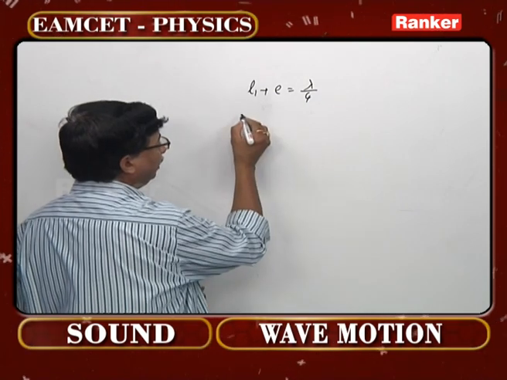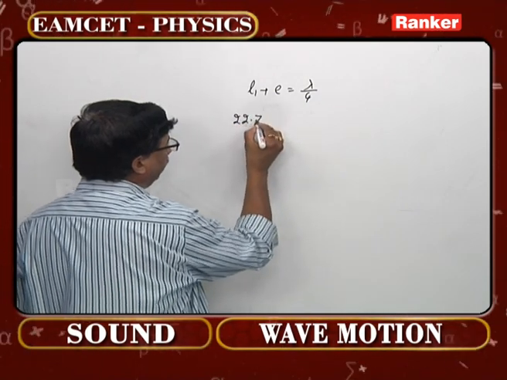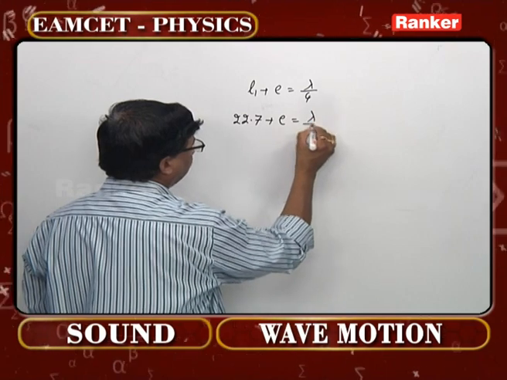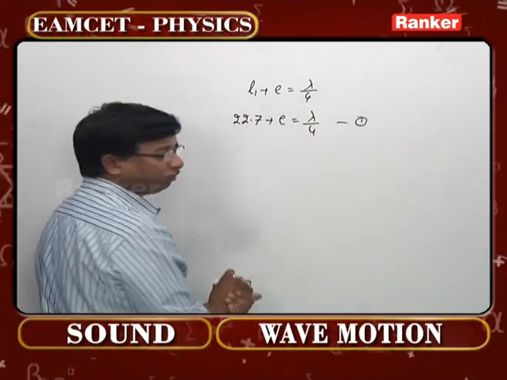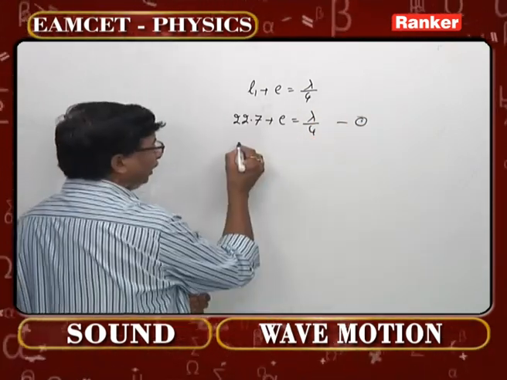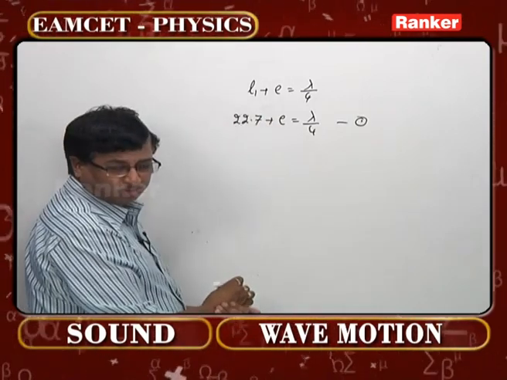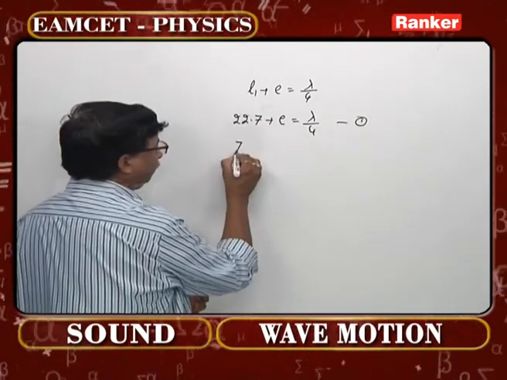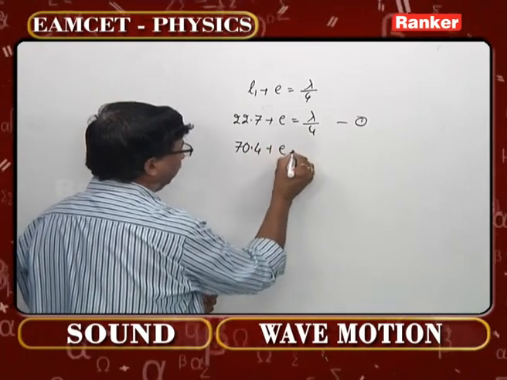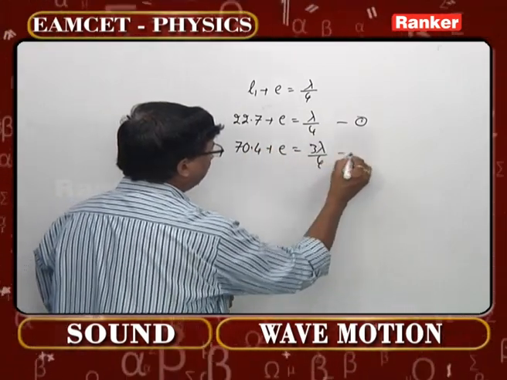What is L1 that is given here? 22.7 plus E is equal to lambda by 4. That is the first resonance. What is the second one? L2 plus E must be 3 lambda by 4. That is 70.4 plus E is equal to 3 lambda by 4.